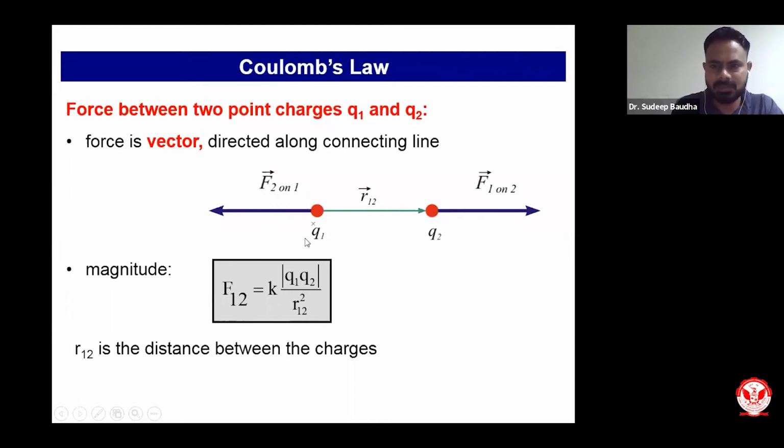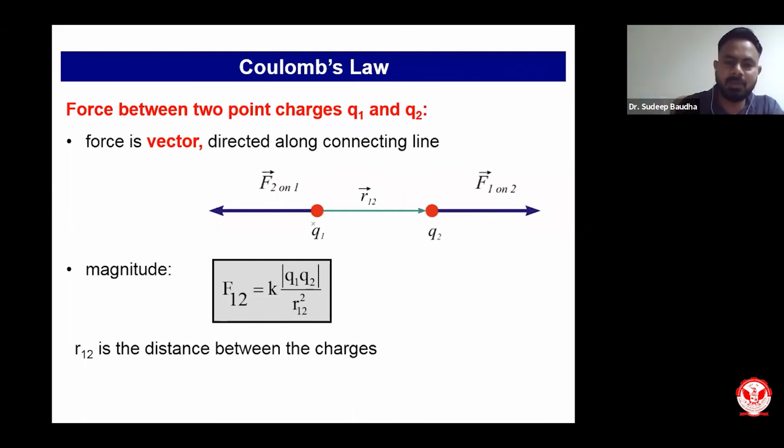So I have two charges, Q1 and Q2. Q2 will exert some amount of force on Q1, and Q1 will also exert some amount of force on Q2. But since I have considered equal point charges, Q1 and Q2, the amount of force exerted by 1 on 2 and by 2 on 1 will be exactly the same.